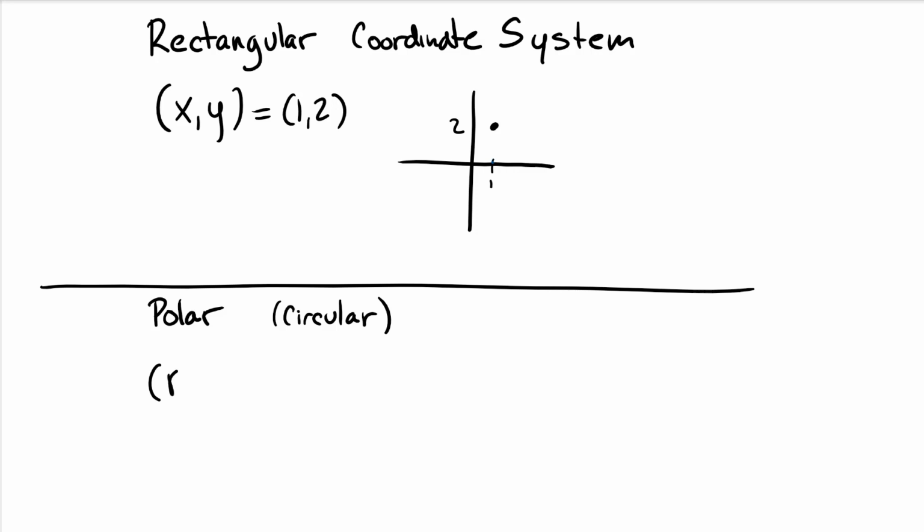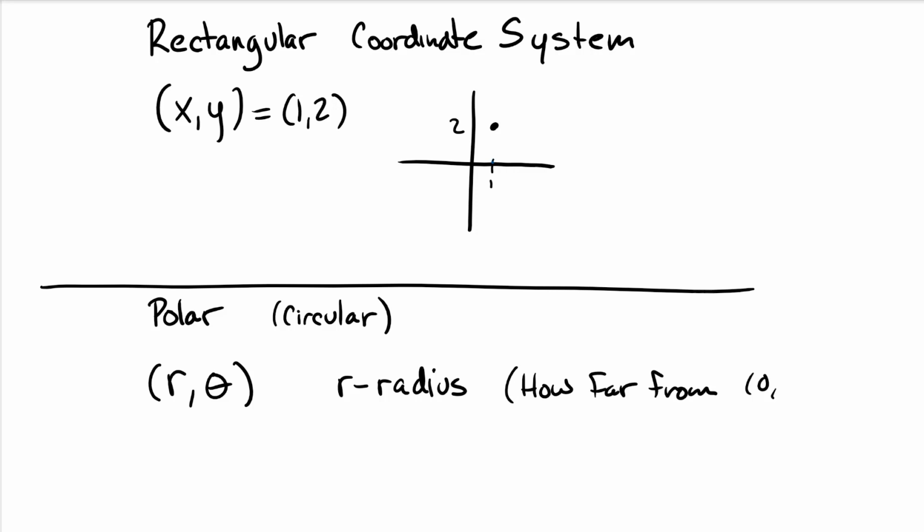So instead of writing an X and a Y, we're going to write an R and a theta, where R is the radius. Let's think of it this way: how far from 0, 0 in rectangular are we? How far away are we? Theta is the angle.